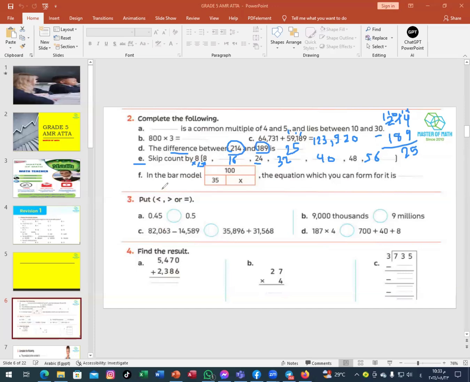Okay. The bar model, we called it in our previous year, grade 4, the bar model. We say 100 is the total or the whole number, and x is a part, and 35 is a part.